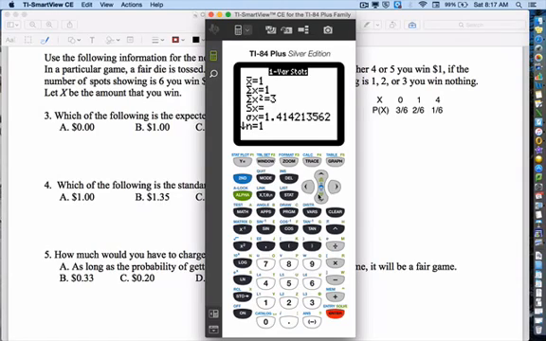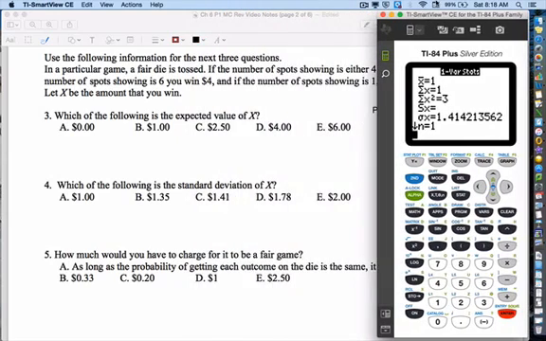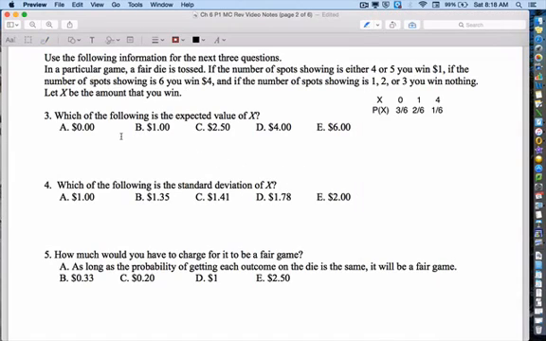And my mean in this case, my expected value is $1, and that's what they want for number 3. My standard deviation for X is 1.41. There we go, $1 and $1.41. Then question 5 off of this, how much would you have to charge for it to be a fair game?